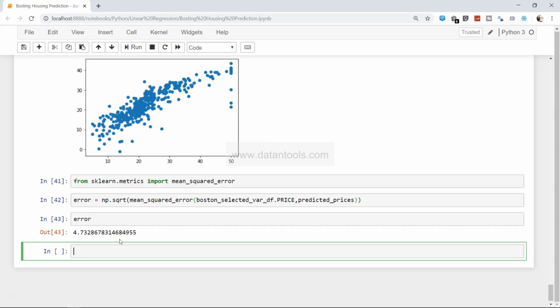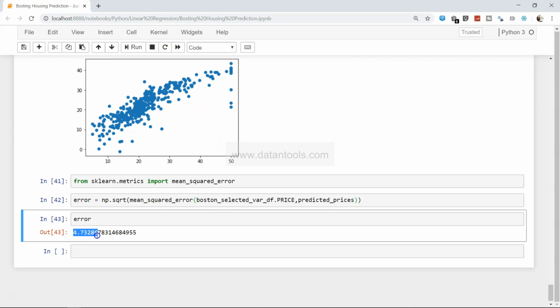If we see the error, right now it is around 4.7, so $4,732 is basically the error rate, which can be plus or minus $4,732 as the variation that can come when you take the help of this model to predict.